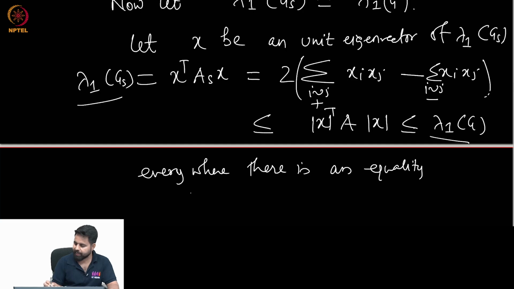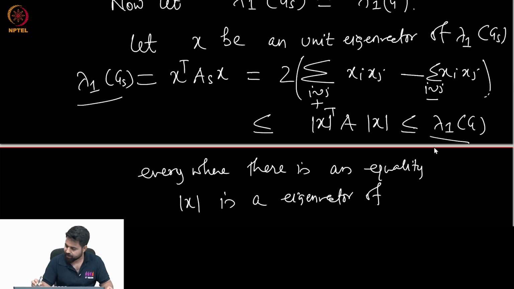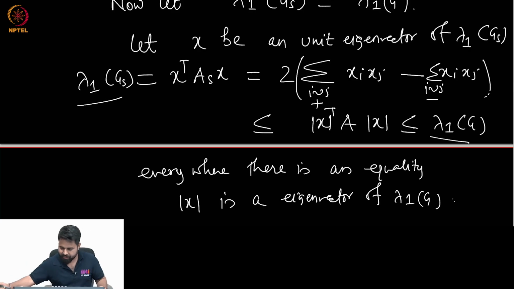Now this implies that mod X is an eigenvector of lambda 1 of G. And by the way, since the graph is connected, none of the entries here is 0.